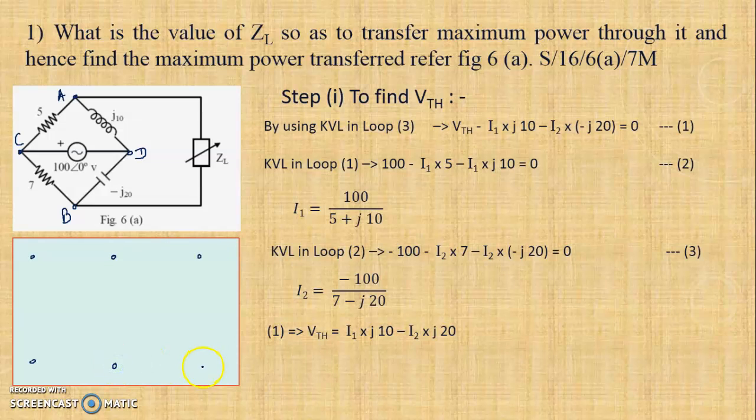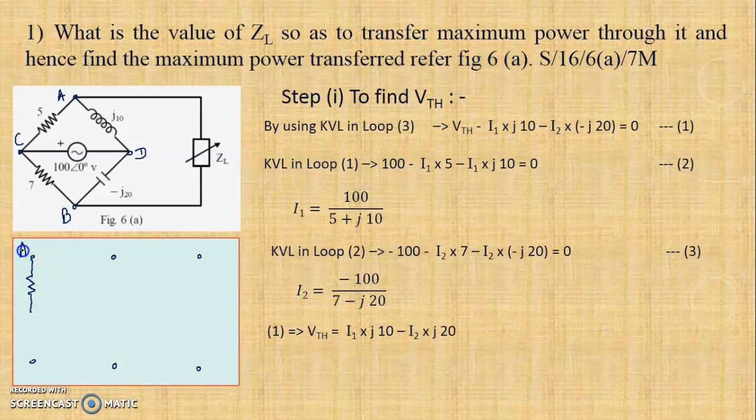Now these particular tilted elements represent a Wheatstone bridge, right? So I just make all those 4 elements horizontal.